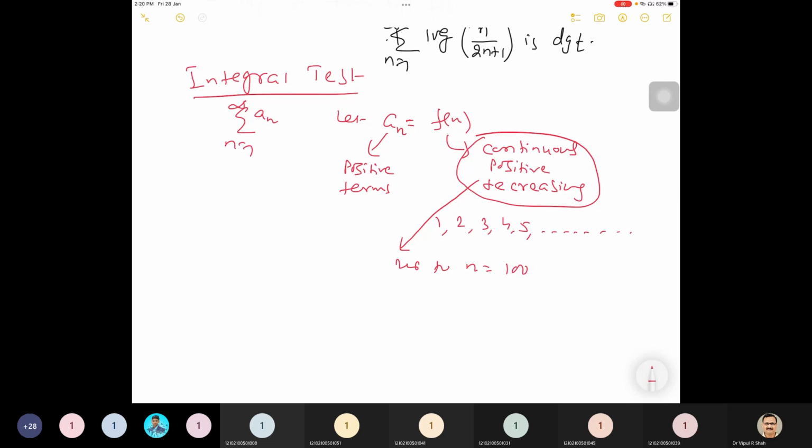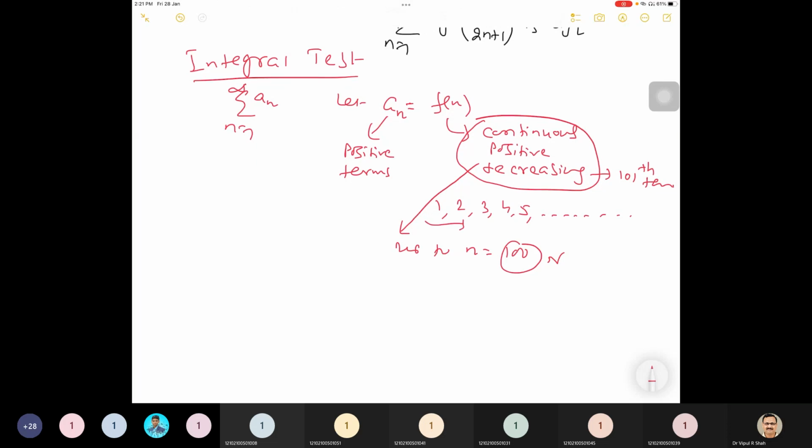No problem, 100 terms you can take out, and this is satisfied from the 101st term. Mostly it will satisfy from the first term always. But if finitely many terms do not satisfy, no problem for an infinite series.